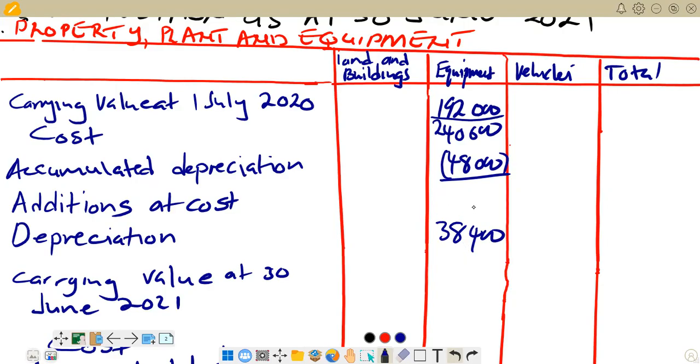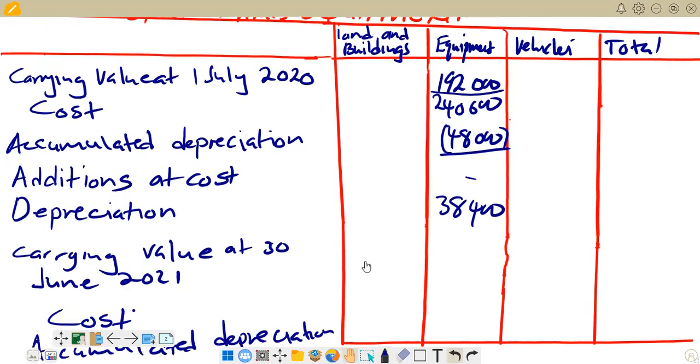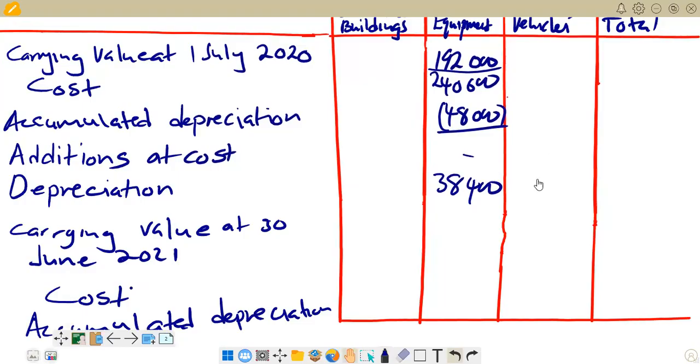Remember, there were no additions during the year, so we are just going to skip that one. There's nothing here, so we go to the end now. The cost is not changing because we didn't buy anything or sell, so the cost is not going to change. At the end also, we are going to have that 240.